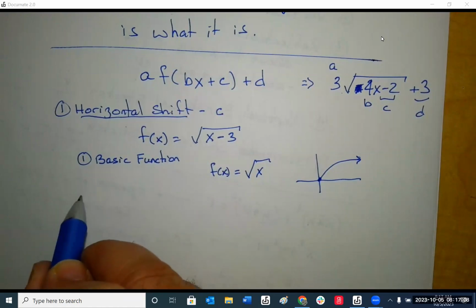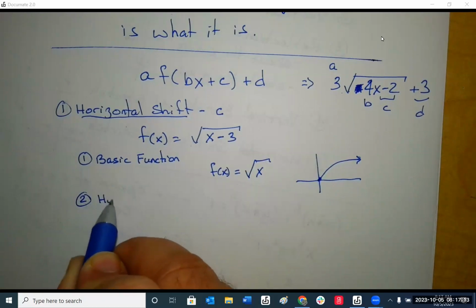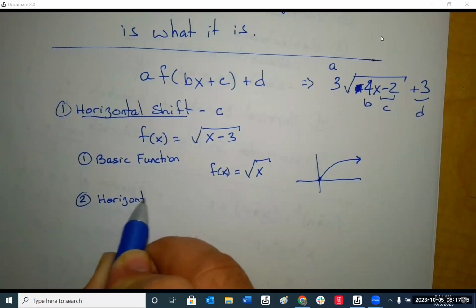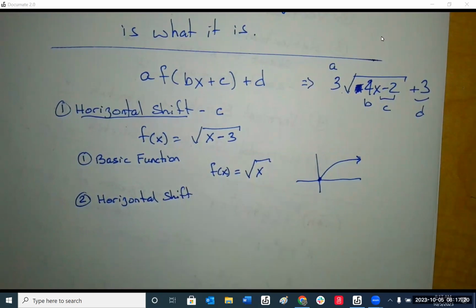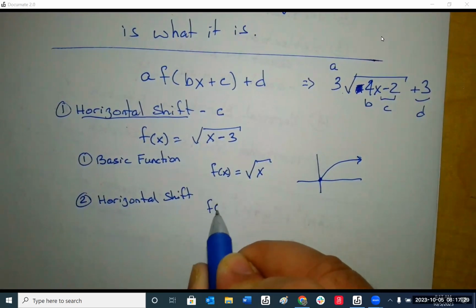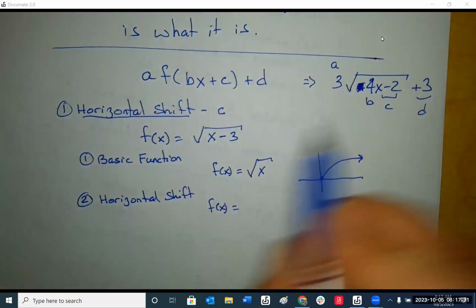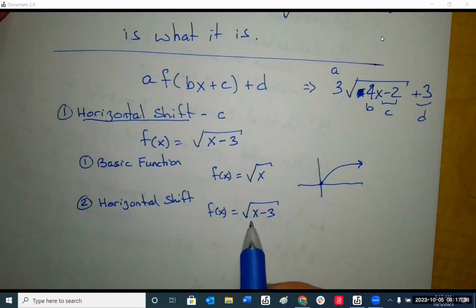Let's first figure out what we have. The next thing we do, is there any change inside the function? Well, our example had, here's the function, it's x minus 3. So whatever's happening inside here, that's your horizontal shift.